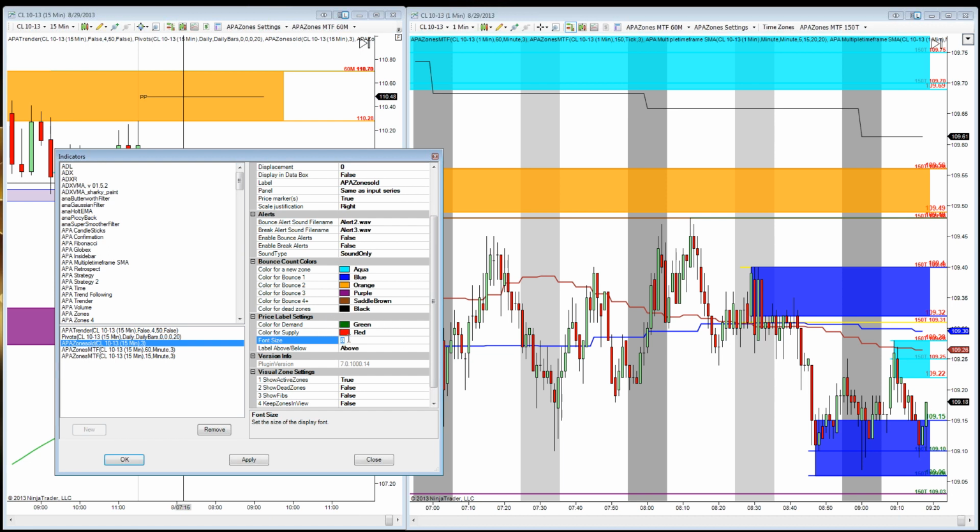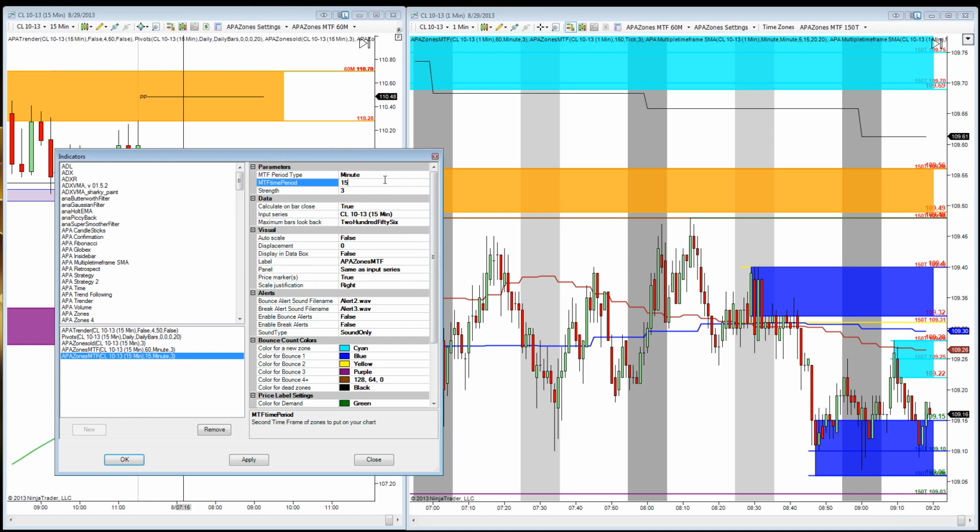The font size helps me because now that we have Apizones MTF, I can keep the Apizone software at one size, and then I can take the Apizones MTF and make it a little bit bigger for the 15-minute chart and a little bit smaller for the other 15-minute chart that it looks like I'm loading on this one.